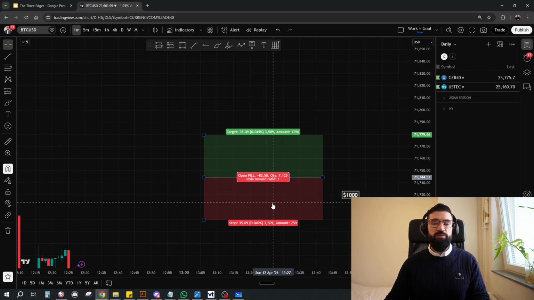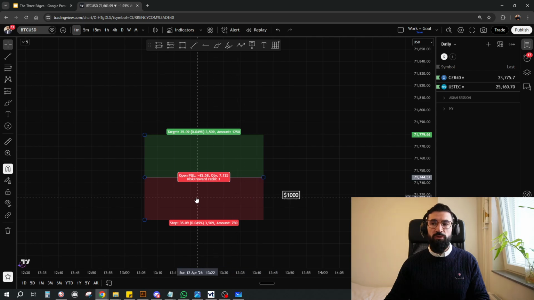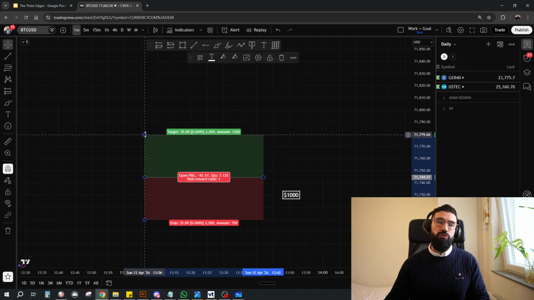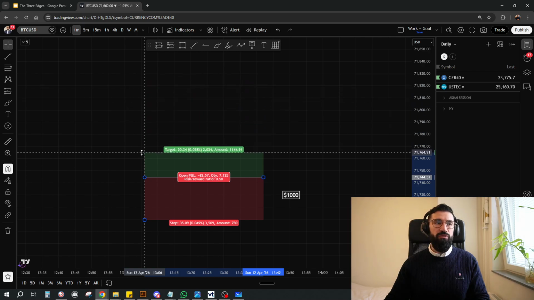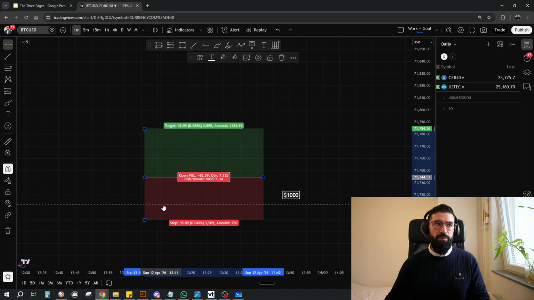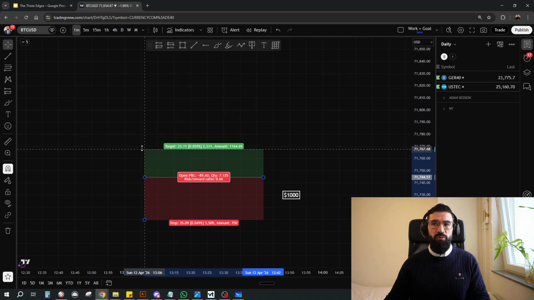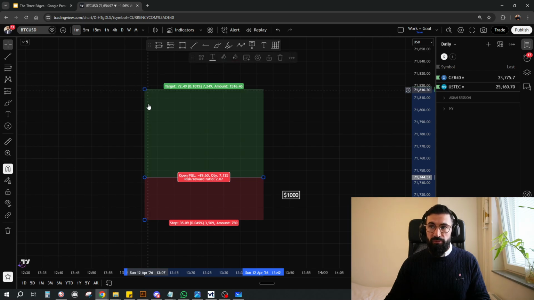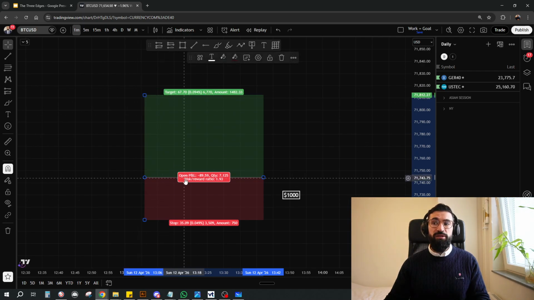This tool helps me calculate my risk reward ratio based on how much I move my take profit area. This is the stop loss area and this is the take profit area. Based on how much I'm willing to risk, the take profit adjusts based on the risk reward right here.